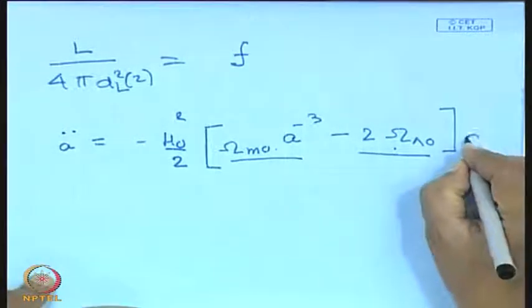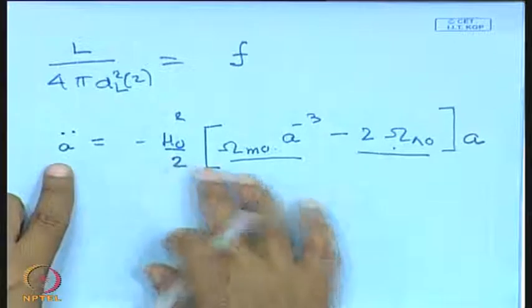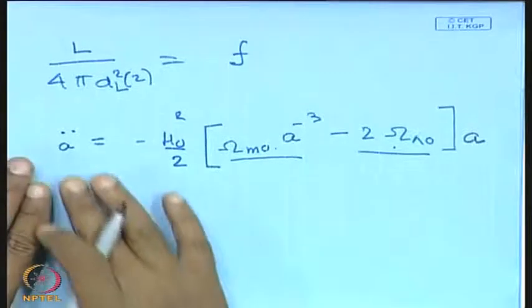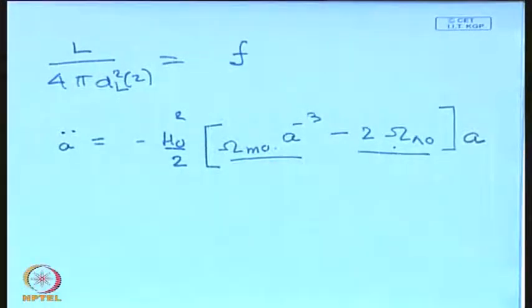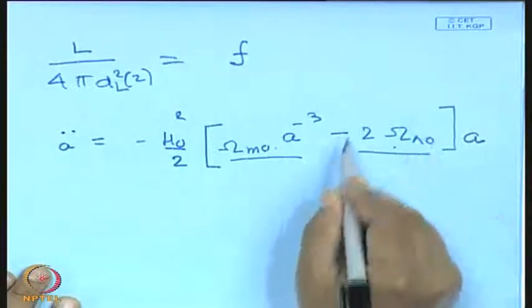This is the equation we have already encountered and integrated. It predicts that the universe will decelerate when this term dominates, and it will accelerate when this term dominates.